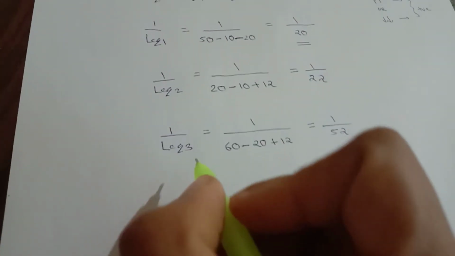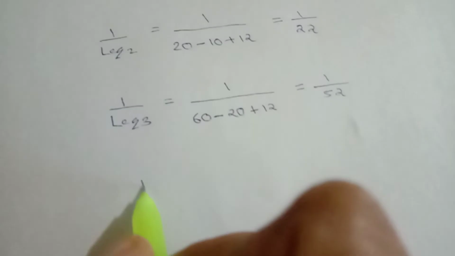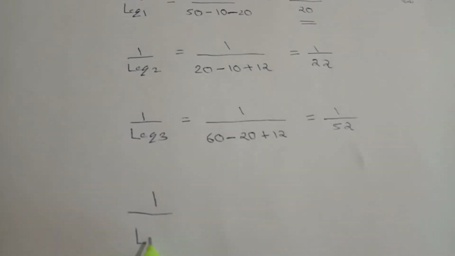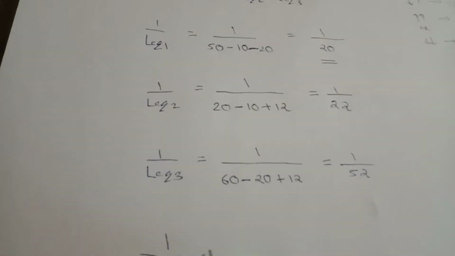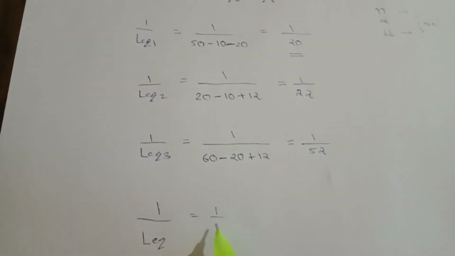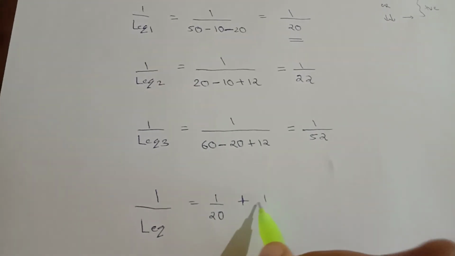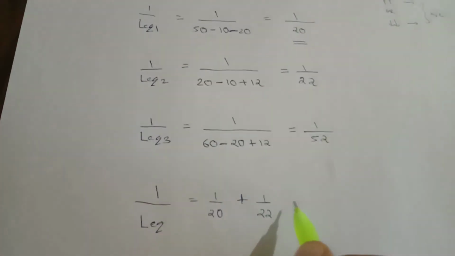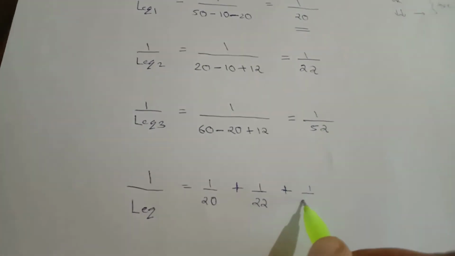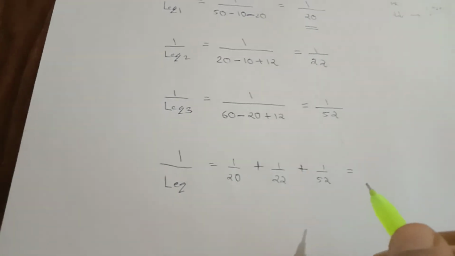So now we have to add all these inductances. We are doing the summing. That is 1 by L equivalent is equal to 1 by 20 plus 1 by 22 plus 1 by 52. So you have to take the LCM and solve this.